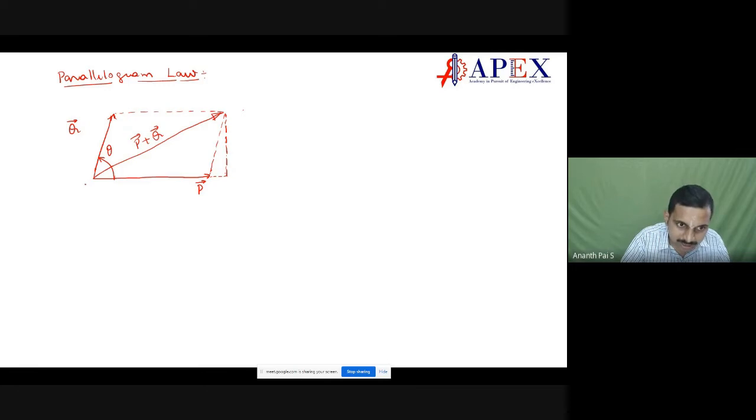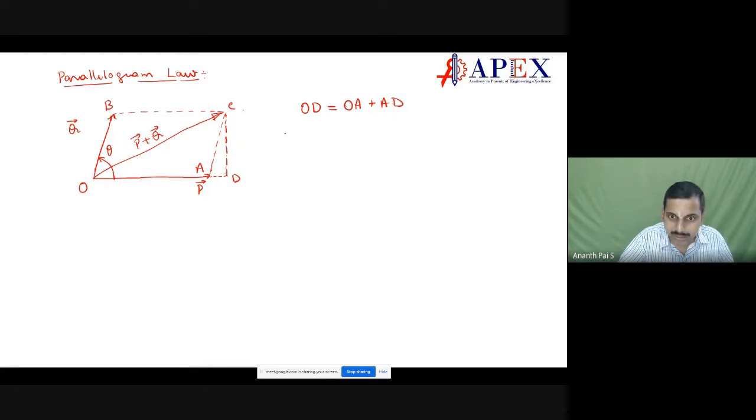Let us refer to this as the origin O. This point we will call A, then we will call this B, this is C, and this is D. Now if you consider OD, OD can be written as OA plus AD. Make sense?